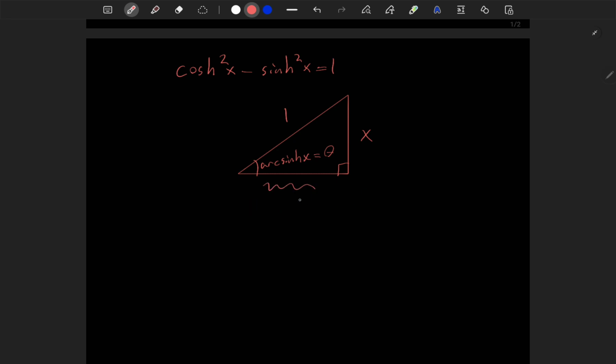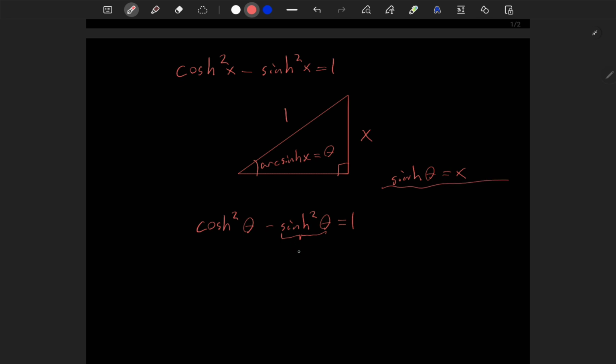We're going to solve for this side. Well, we know cosh squared theta minus sinh squared theta equals 1. Sinh theta, we just said, is x, because this is the inverse hyperbolic sinh.